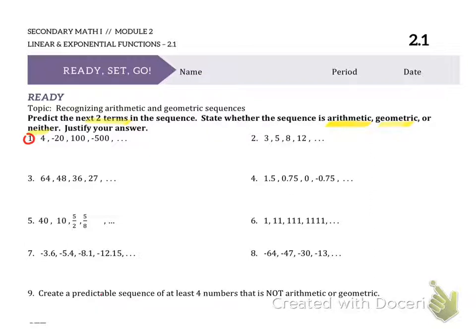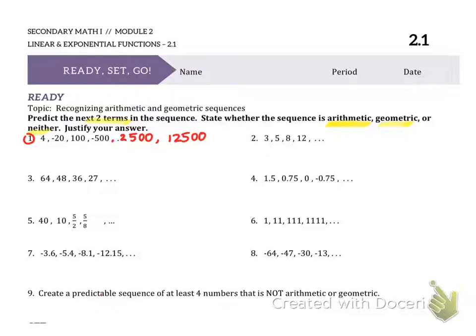So our next term, if I multiply by negative 5, is going to be 2500, and if I multiply by negative 5 again, that's going to be negative 12,500, and so on.